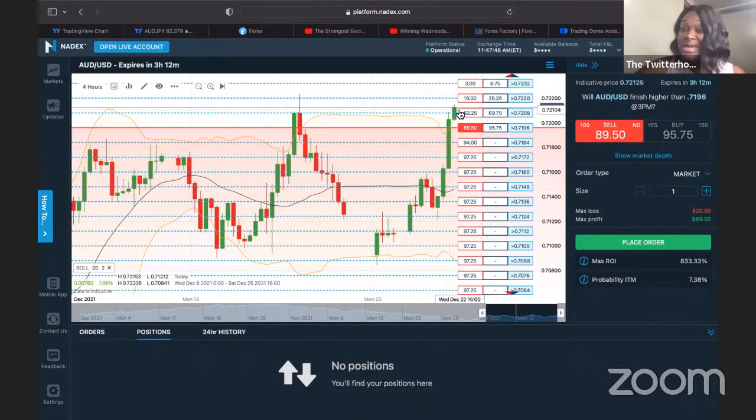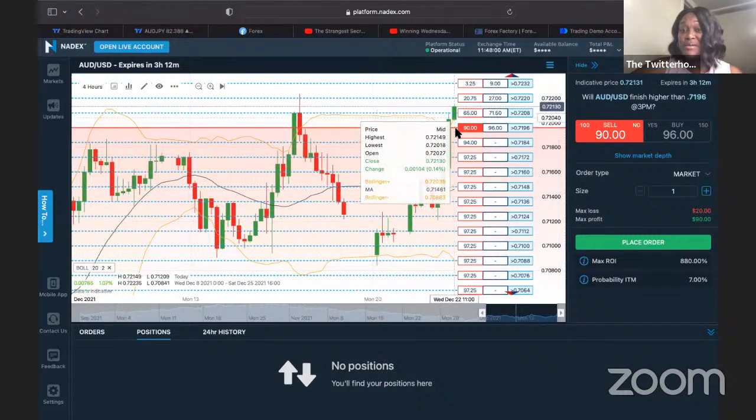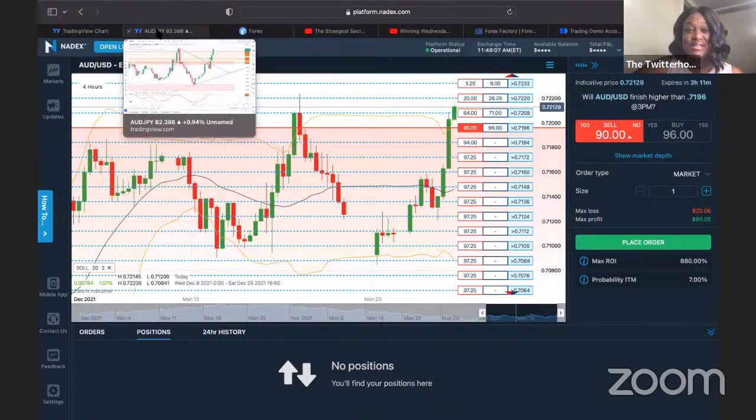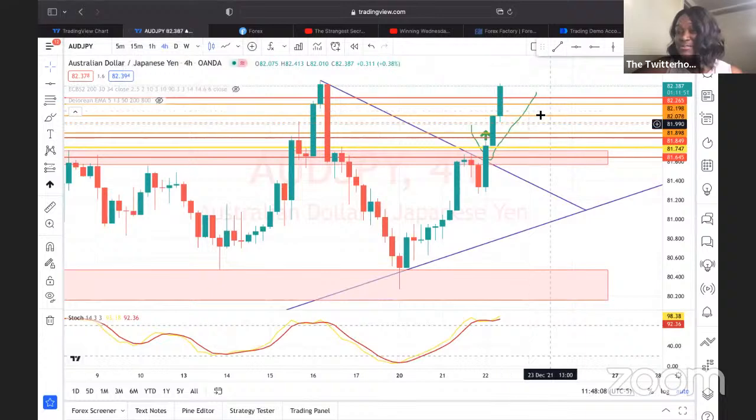Here, you can wait, and the goal is for me to wait until it expires at 3, right? But if I see that it starts going in the opposite direction, I've set an alarm so that I can get out if need be. So if price pulls all the way back here, I'm getting out because I will still have made a profit if I get out here.